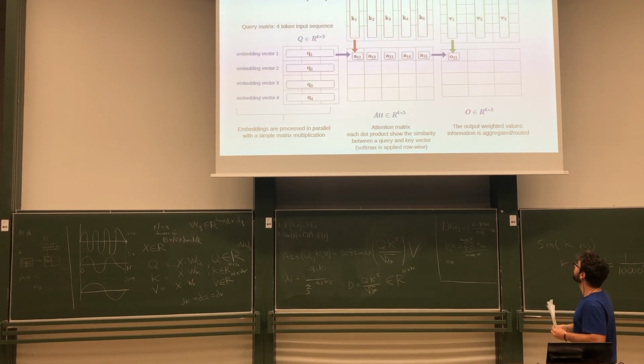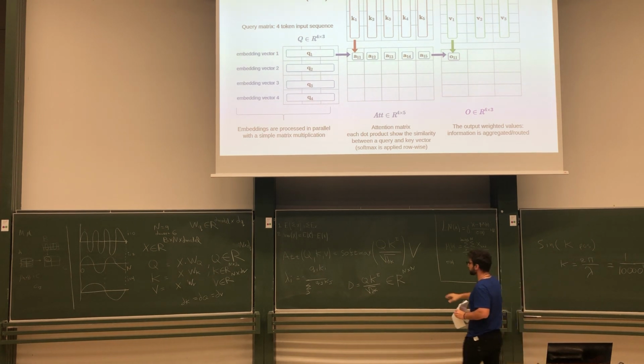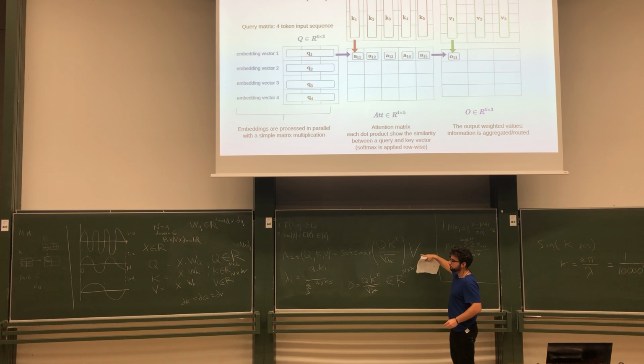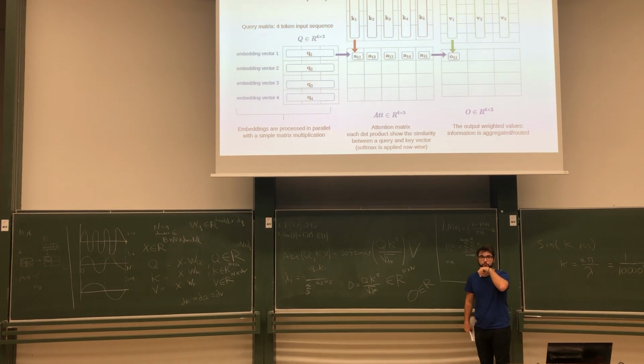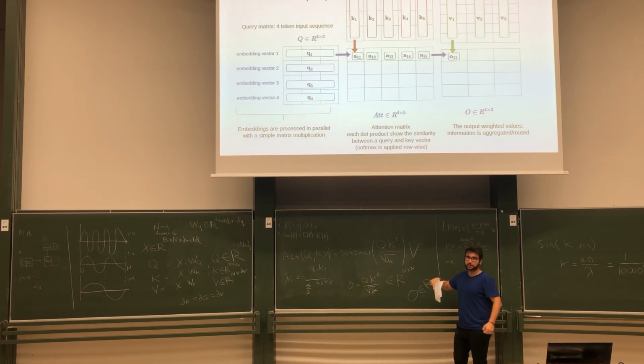That's the point. And then in the second matrix multiplication, we take this n by n matrix and we multiply it with V. So what would be the final output when we multiply this n by n matrix with V? What do we get?